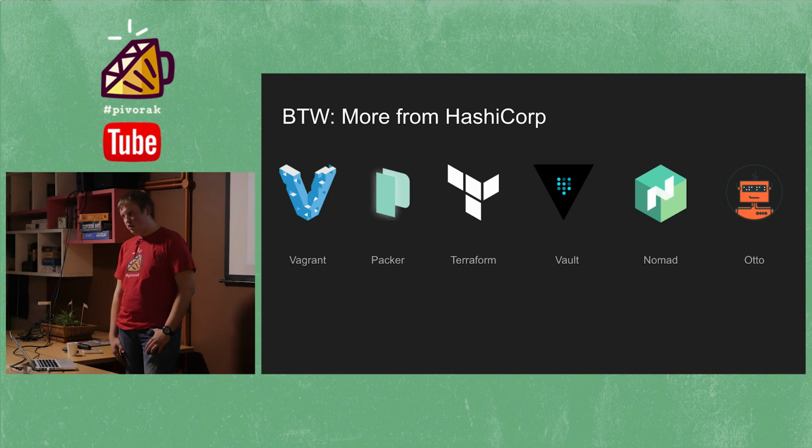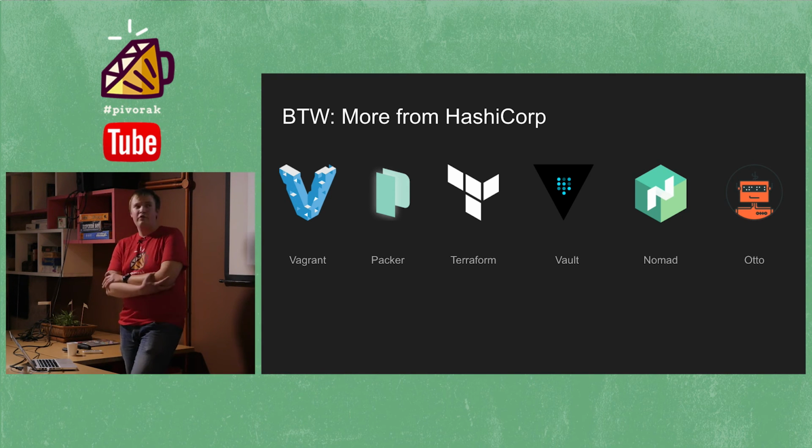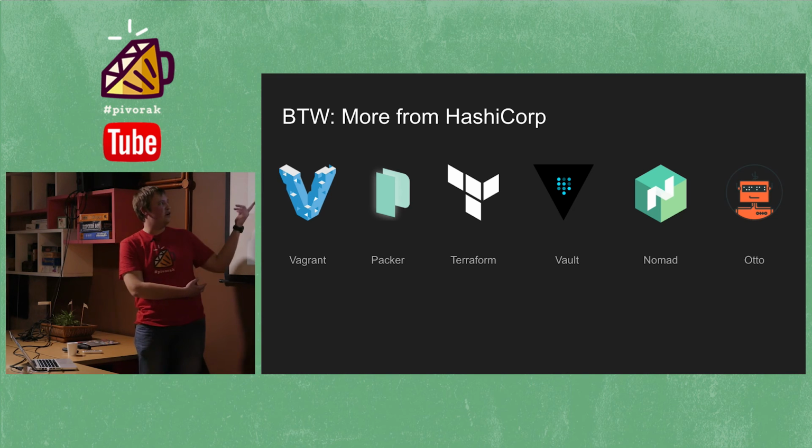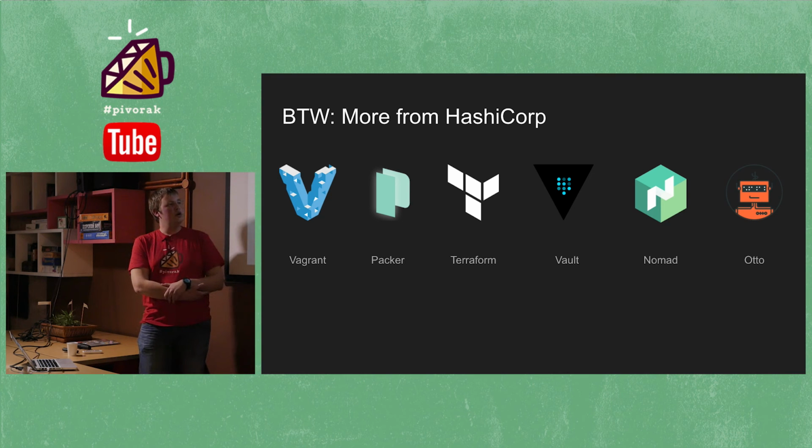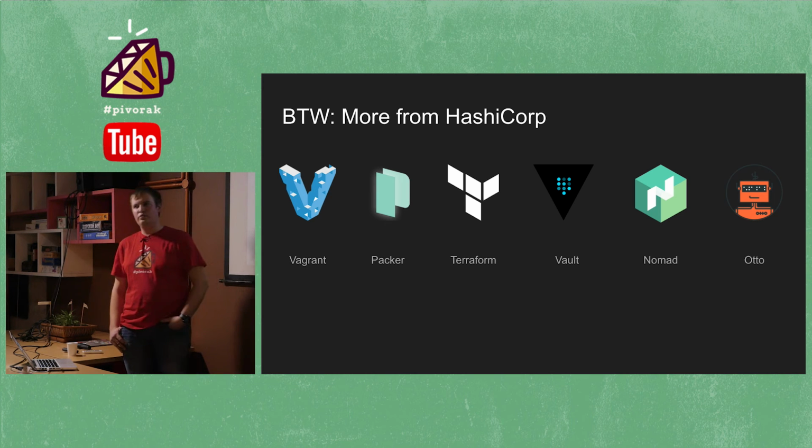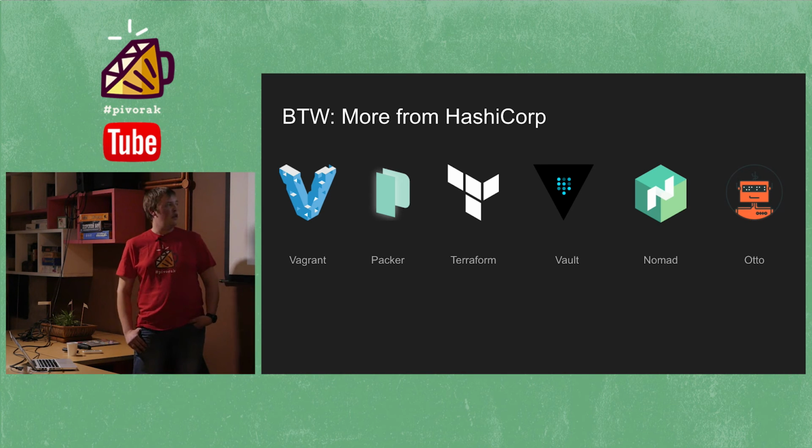By the way, HashiCorp provides some more fancy stuff for DevOps and developers, like Vagrant, which is a tool for spinning up development environments which are reproducible and easily transferred between developers. We used Vagrant to bring up nodes in the sample videos.